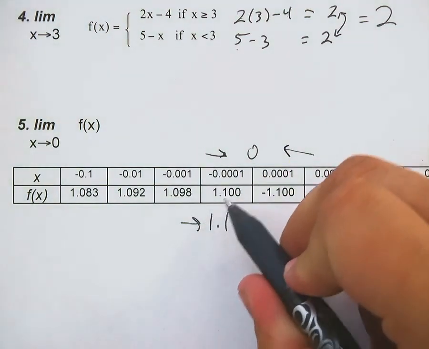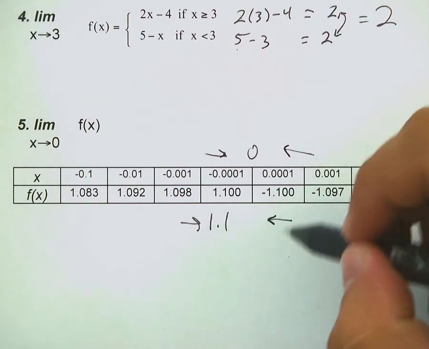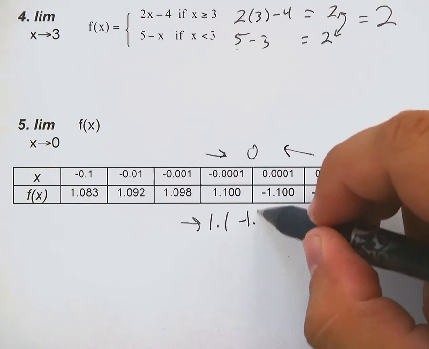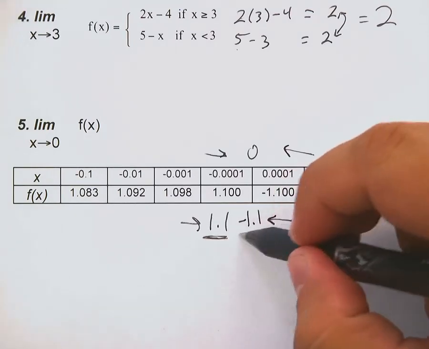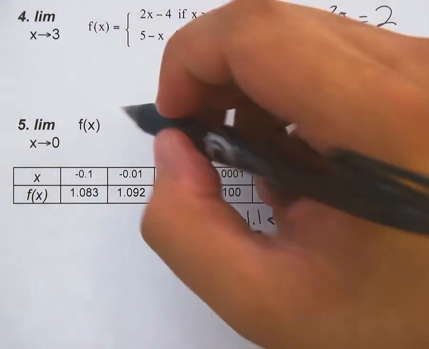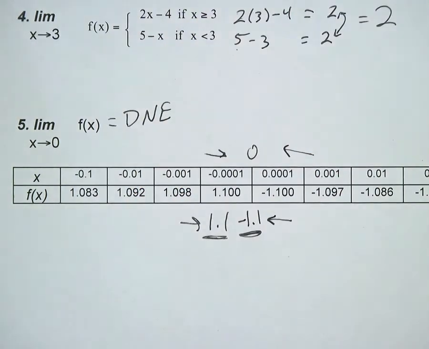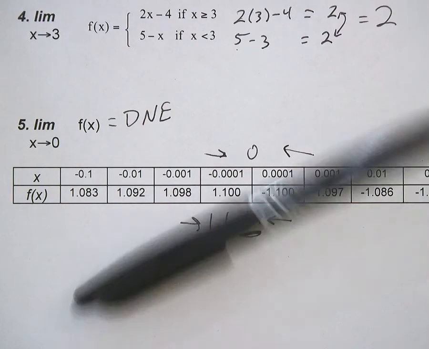That's as accurate as I have it for right now. From the right, it's negative 1.1. Are those two numbers the same? Absolutely not. One's positive, one's negative. What does that tell you about your limit? DNE. Bam! Calculus.